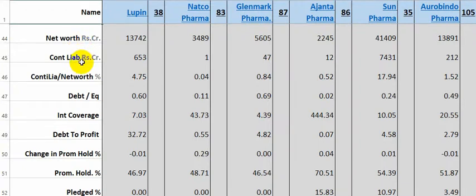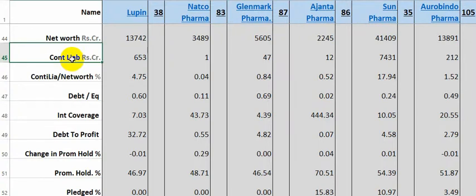And then we will compare the contingent liability of the company with the net worth. Contingent liabilities are those liabilities which may or may not arise in the future, and these liabilities are not accounted for in the financial statements. That is, these liabilities are not shown in the balance sheet or profit and loss account.